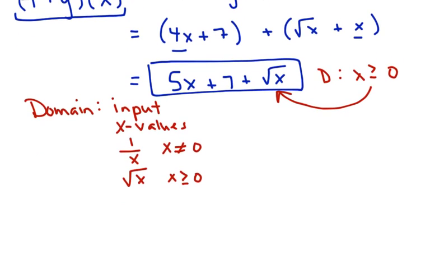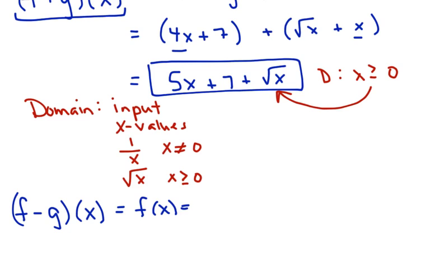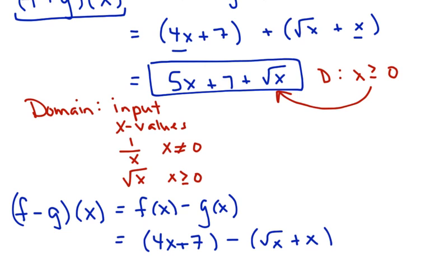Now let's try this again where we subtract the two. Here is one notation for asking you to subtract two functions, and here's the other one. All I'm asking you to do is 4x plus 7 minus the square root of x plus x.